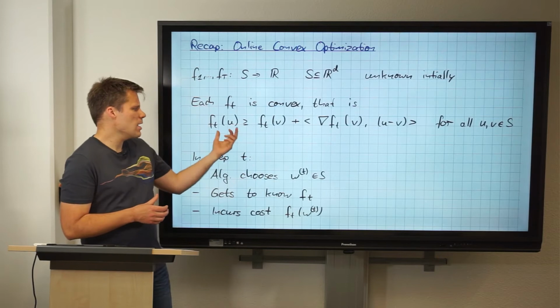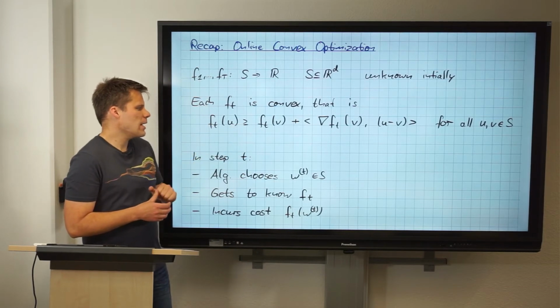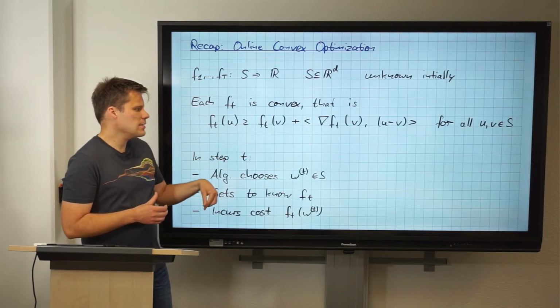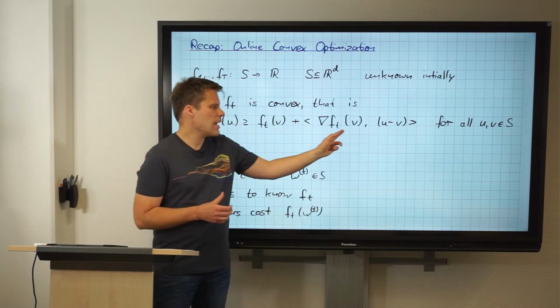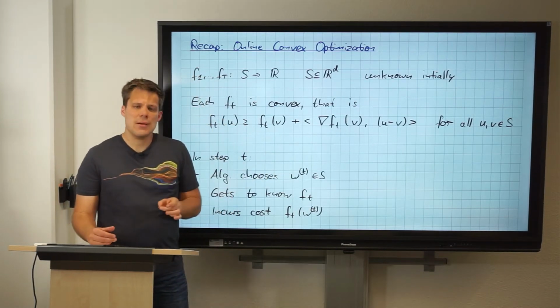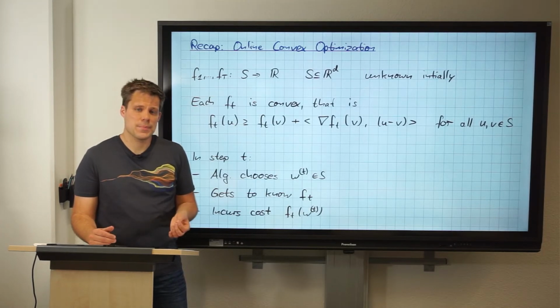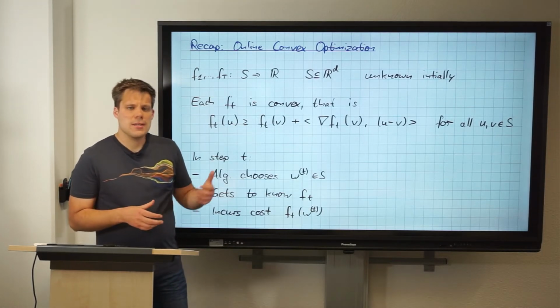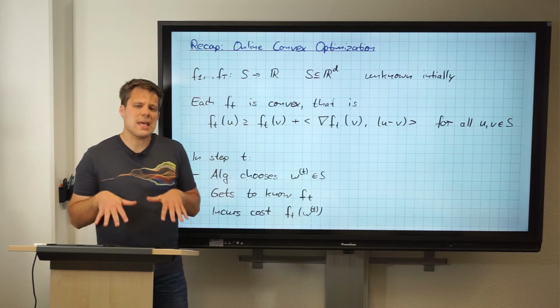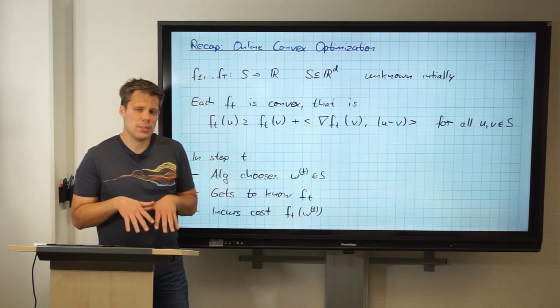What was this? The function value at u is at least what we would get via the linear approximation using the tangent hyperplane at v. So in other words, these functions always stay above their tangent hyperplanes.